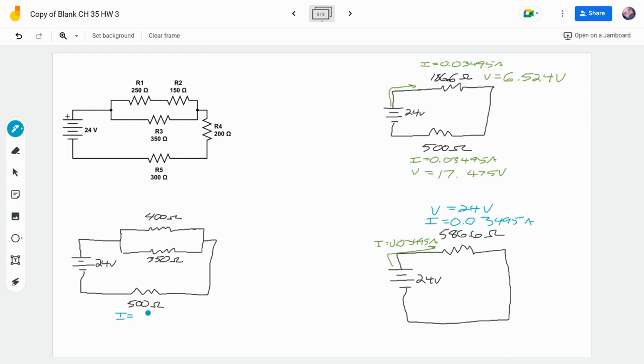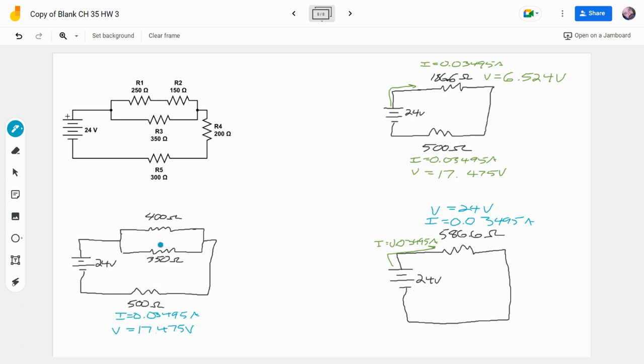I is equal to 0.03495 amps, and V is equal to 17.475 volts. Maybe I could have gotten away without doing that step, but I am showing you the brute force way of doing this. So that's what's going on down here with the 500 ohm resistor.